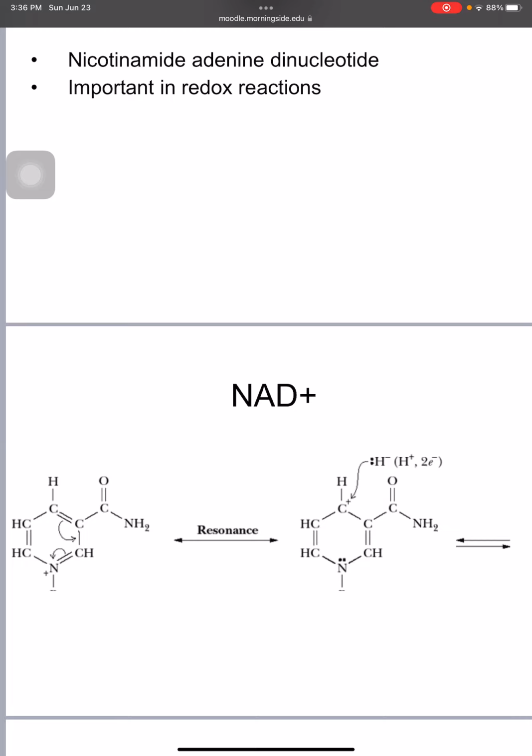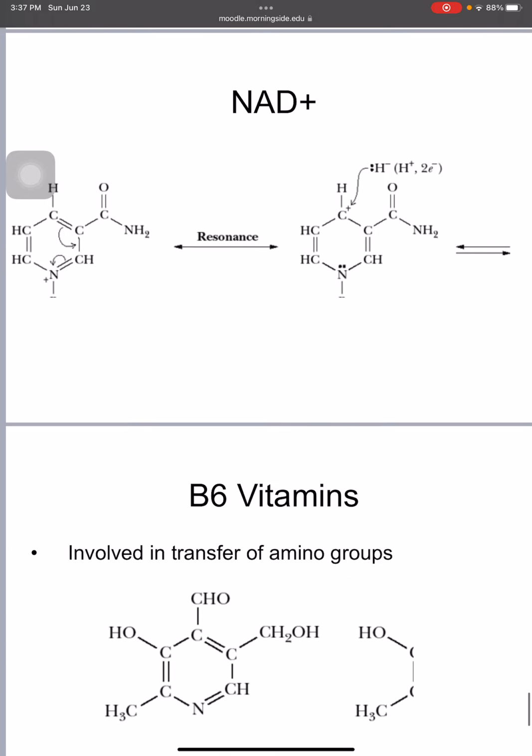So now that nitrogen only has 3 bonds instead of 4. All right? So that's why we call it NADH, and that's why it doesn't have a charge anymore. We've essentially added 2 electrons to the system. If we get to it, and I don't know if we will or not, we might see this in more detail later on. Depends on how far we're able to get in the class.